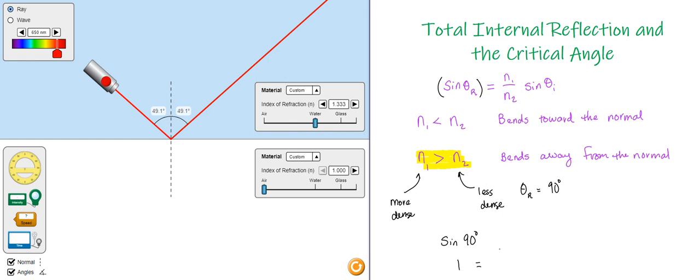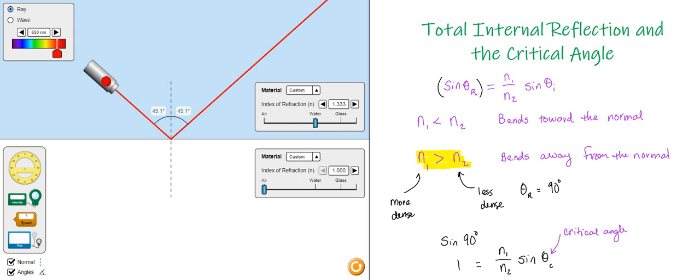And n1 over n2 is now a number that's going to be larger than 1, because the number up top is bigger than the bottom number. And the sine of the theta of incidence, this one, is going to change to sine sub c, which is the symbol we're going to use to represent what we know as the critical angle. This is the angle specifically at which total internal reflection occurs.